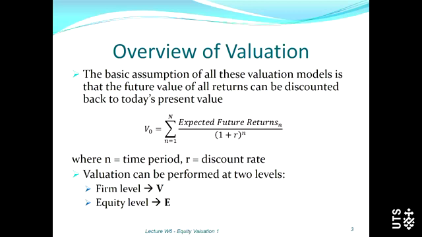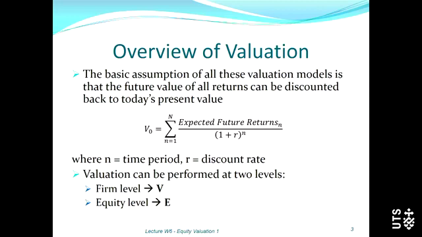So this sum is defined between period 1, the first period, and capital N. Capital N will be the end of the life of the asset. Right? So this is a generic overview. What we know is that when we're valuing a firm we usually value it as a going concern. So that N tends to infinity, because what we assume is that the company will continue to exist, and it will not cease to exist at any point in time.